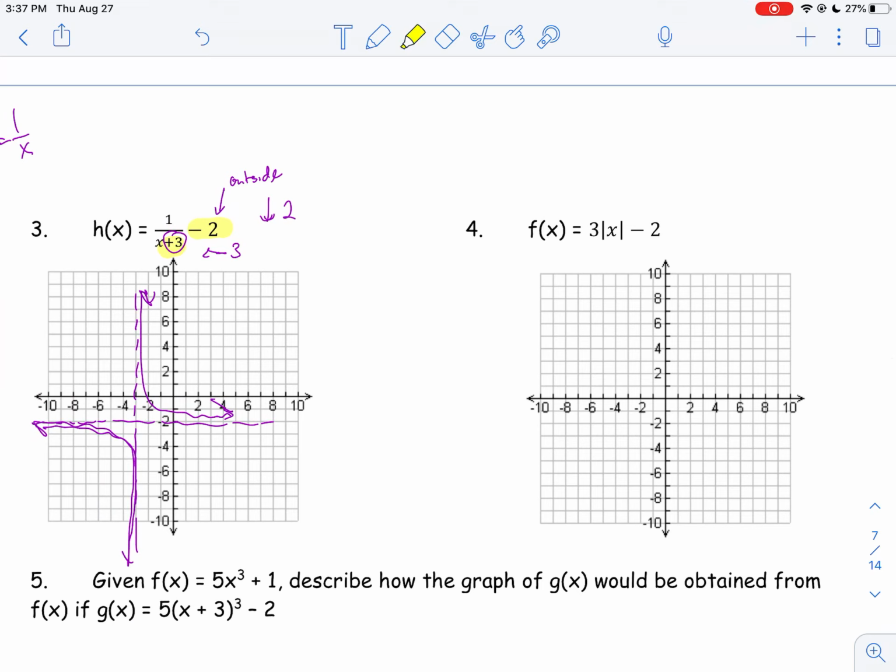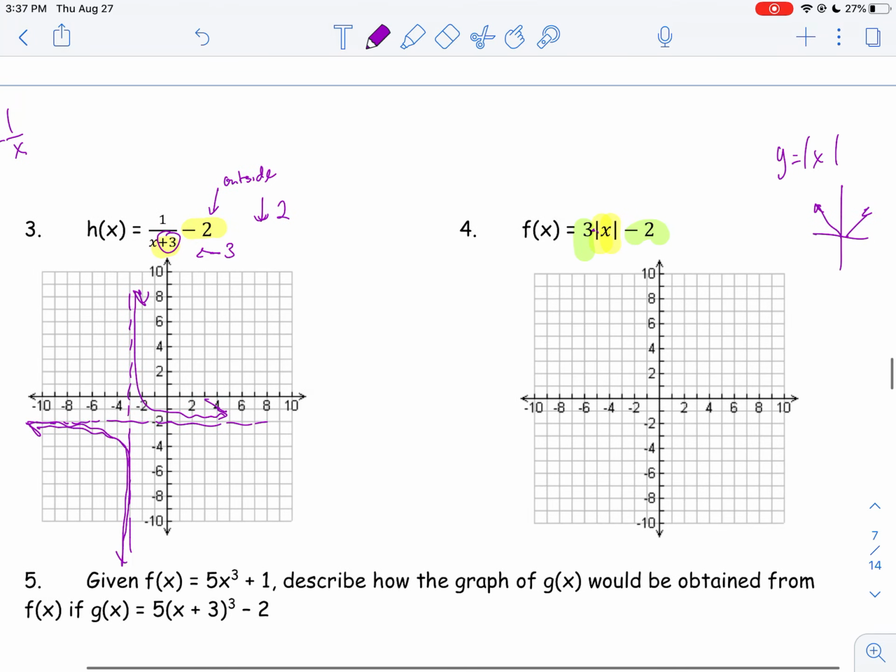Here we go, parent function here. Hopefully you're seeing the absolute value bars. You're seeing the minus 2, the times 3. Absolute value. Do you remember what that looks like? It's the V shape. Times 3 on the outside of the function. It's going to be a vertical stretch of 3.